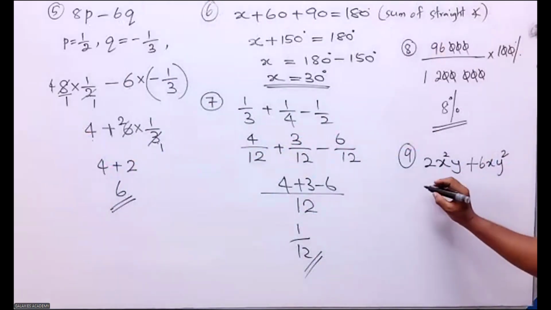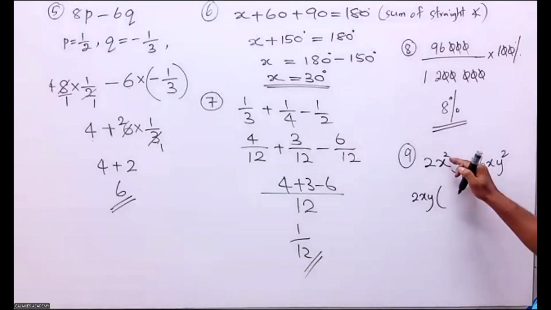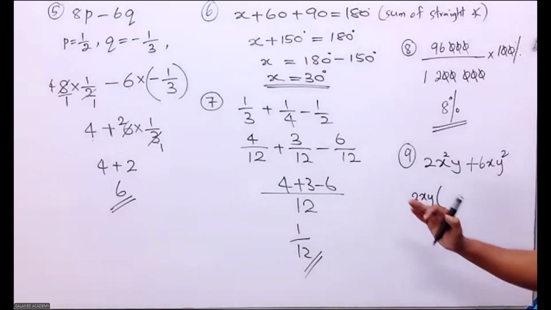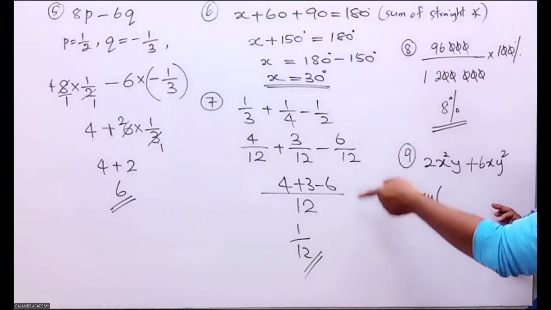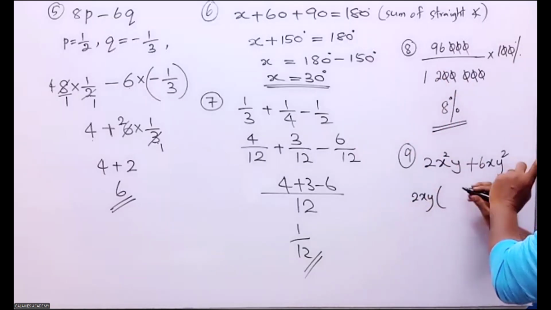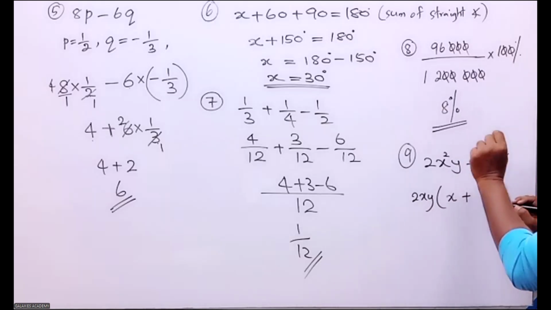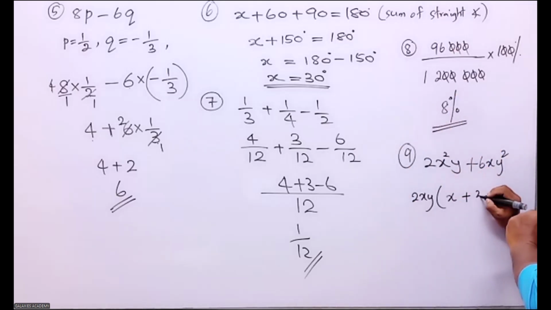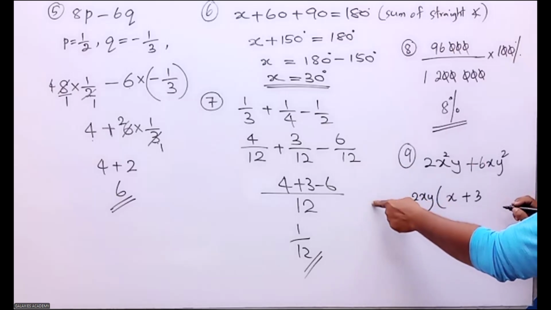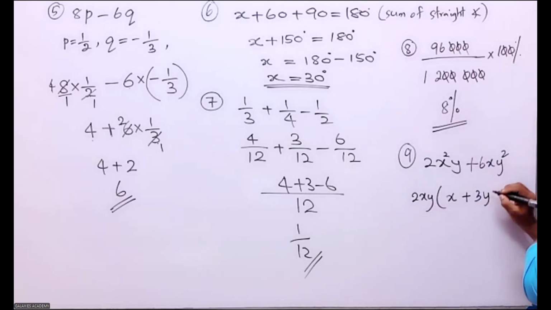So you can take 2xy outside the bracket. From the first term, 2, x and y went outside the bracket, so x remains. Plus 6 means 2 times 3. 2 went outside, x went outside, and one y went outside, so 3 and another y remain.